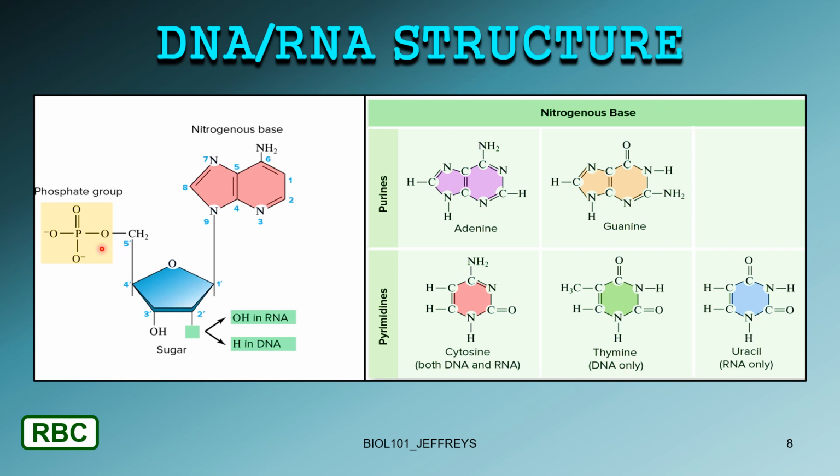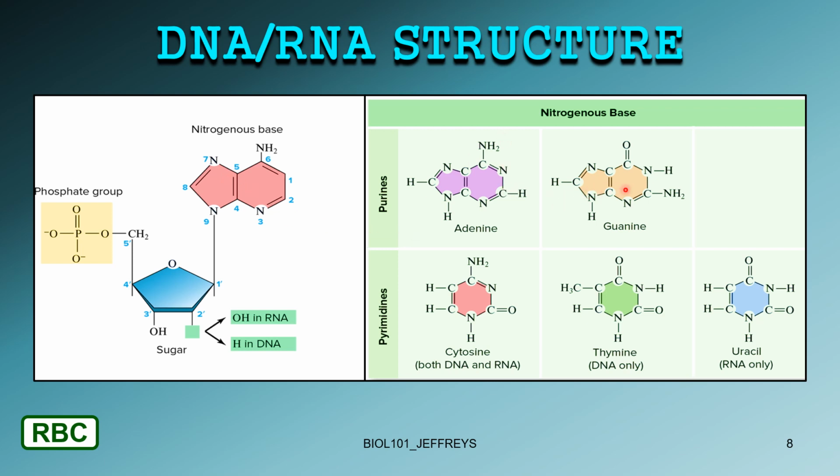Here's your phosphate group, the phosphorus with 4 oxygens attached. And here's one example of a nitrogenous base. Nitrogenous base because it contains a lot of nitrogen, as you can see. Now this nitrogenous base can have a double ring.